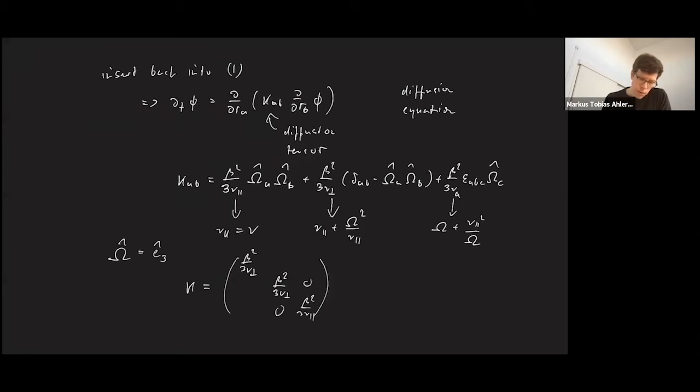And the other entries will be equal to 0. And then I have this asymmetric contribution that goes like beta squared over 3 nu A and minus beta squared over 3 nu A. The different signs here are coming from the Levi-Civita tensor. So this will be the expression of the diffusion tensor if the magnetic field is in the z direction. This expression here is a more general form where I can use arbitrary magnetic field directions. Okay?